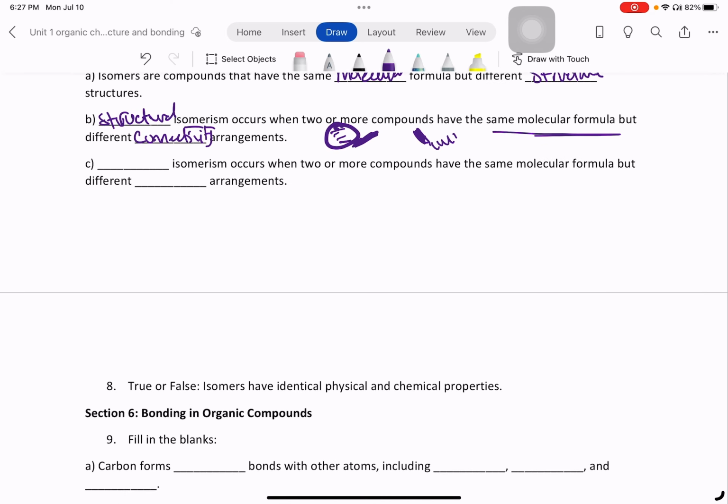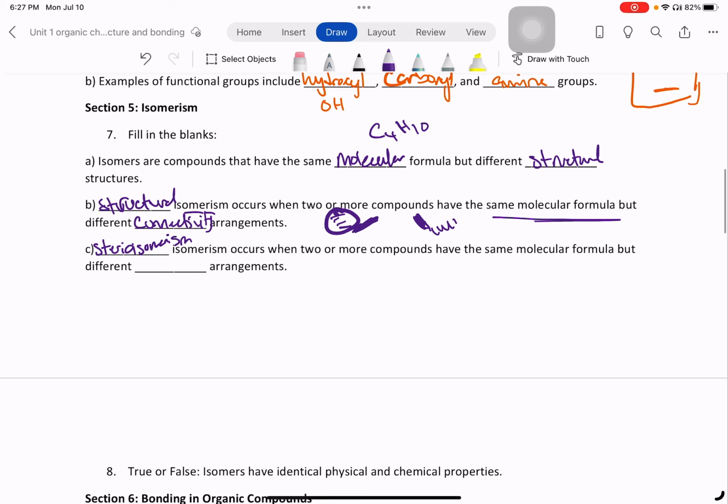Then there's the last type, which is stereoisomerism, which occurs when two or more compounds have the same molecular formula. Notice that the same molecular formula also follows through in the other definitions.